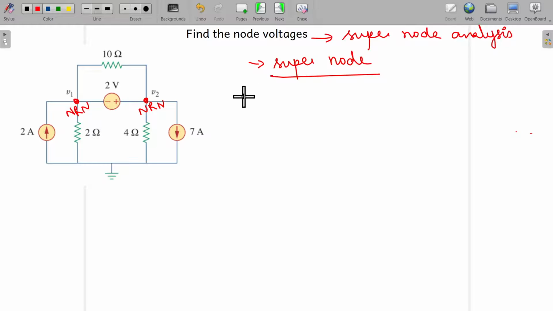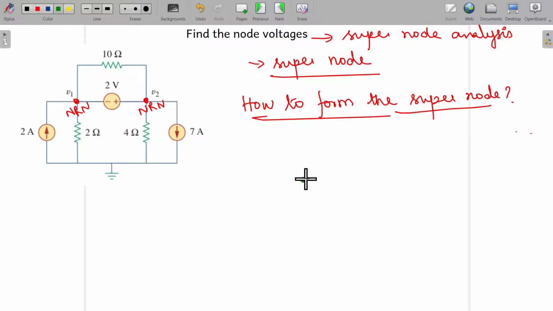So how to form the supernode? Here we have two non-reference nodes, 1 and 2, and in between these non-reference nodes you have one voltage source, that is 2 volts, and the potentials are V1 and V2 respectively at nodes 1 and 2.